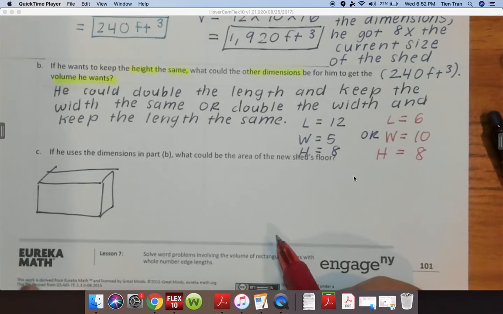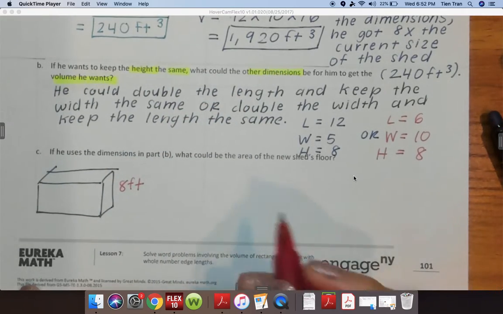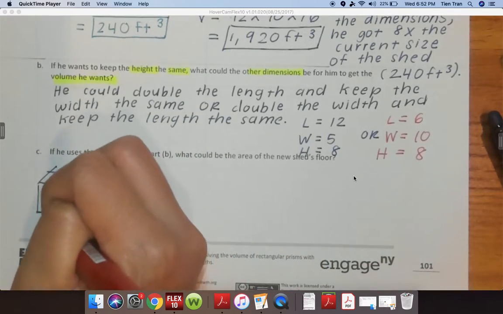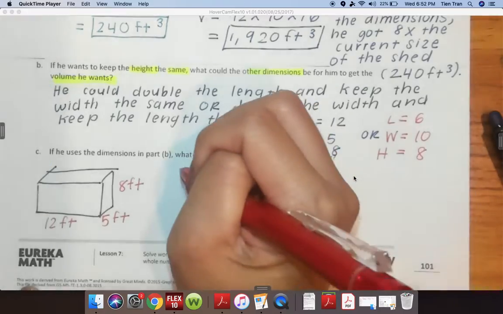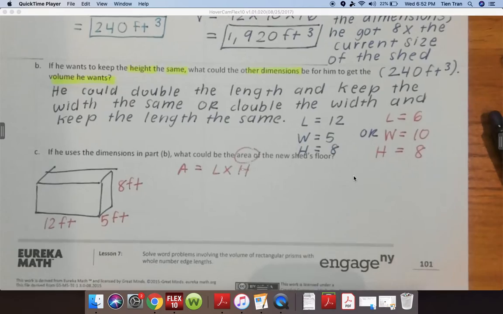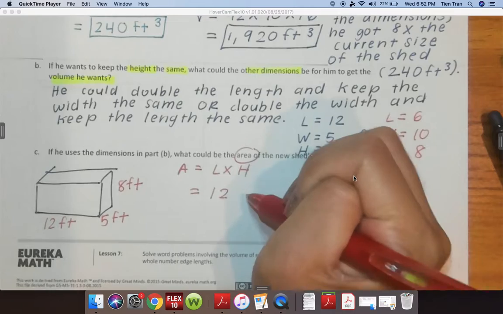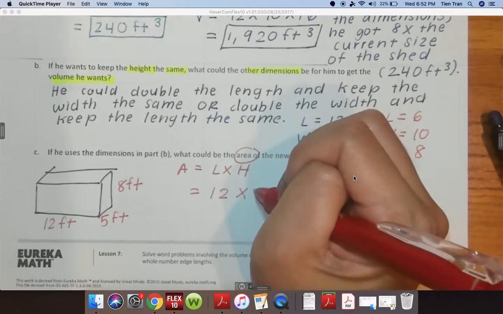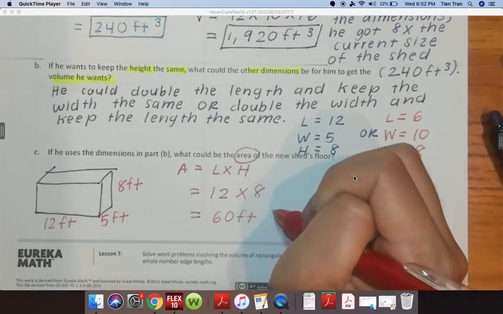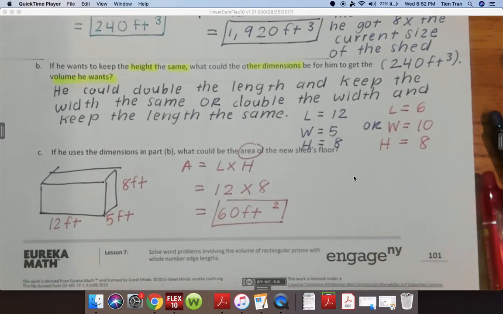Okay, so we're going to use height as 8 feet, width as 5 feet, and length as 12 feet. And the area is going to equal length times height because they're asking you what is the area. The length we know is 12 and the height is equal to 8. So 12 times 8 is going to give you 60 feet squared. So the floor can have an area of 60 feet squared.